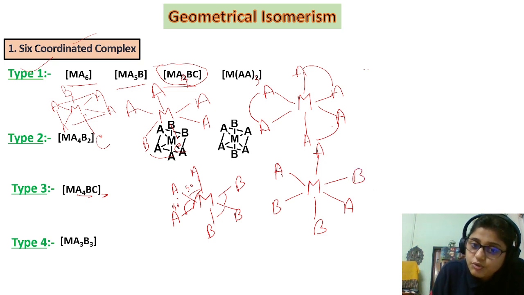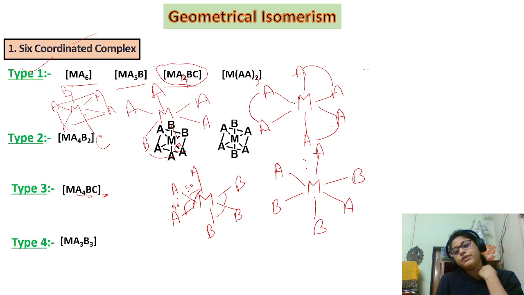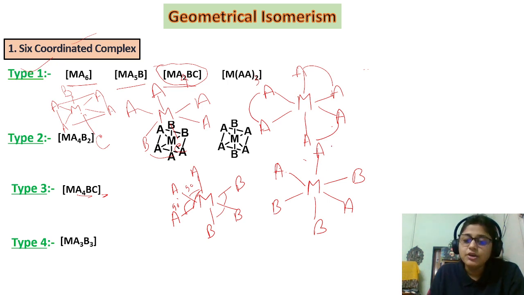So this A is trans to one A and cis to one. Of all the A, one A is like that and another one is cis to this, both of them. This one is also trans to one A and cis to one A. In the case of B, the same thing happens. If we try to draw any other structure, I am drawing another one.